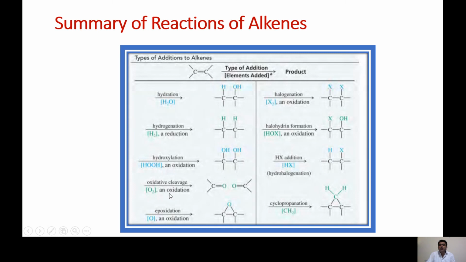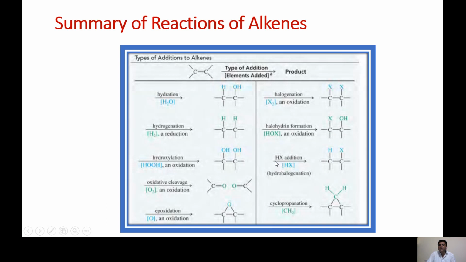Oxidative cleavage means reaction with ozone, and we said this double bond breaks and we get the carbonyl compound. Epoxidation means we have some peroxide and it is converted to the epoxide. Halogenation, we added the halogens and we got the vicinal dihalide. Halohydrin means addition of HOX, meaning one carbon gets the X and the second carbon gets the OH.